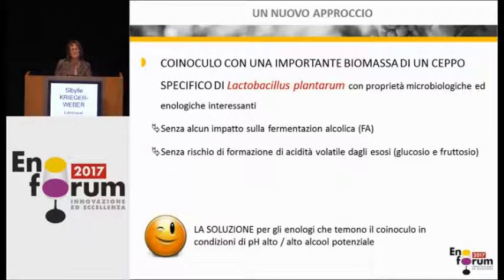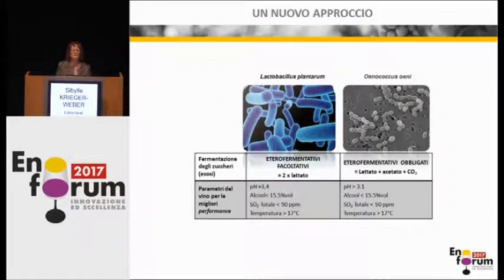The approach was also to have no impact on the alcoholic fermentation, and because of its homofermentative properties with regard to hexoses, glucose and fructose, there is no risk of volatile acidity formation by this strain.